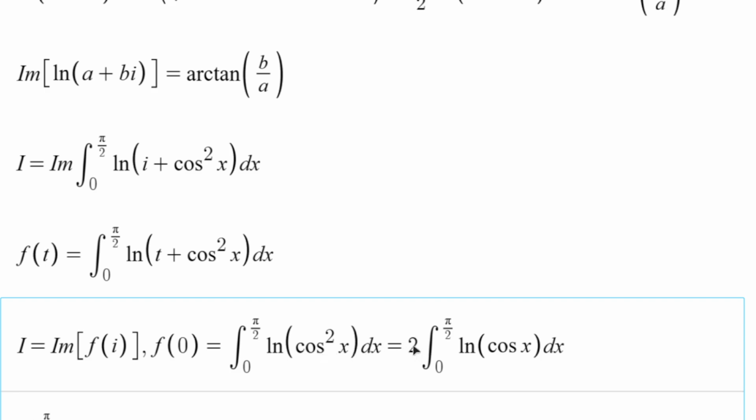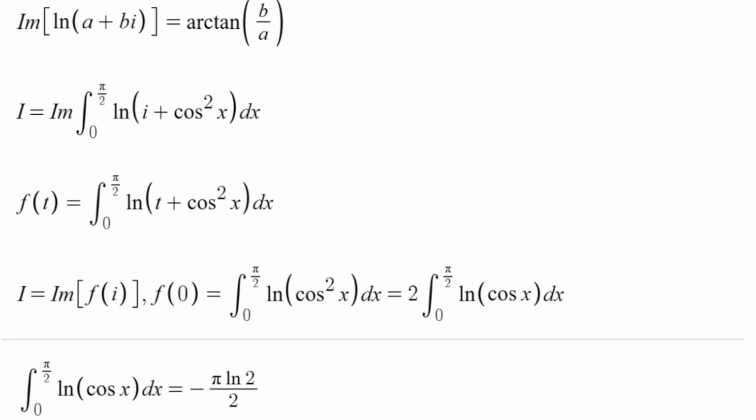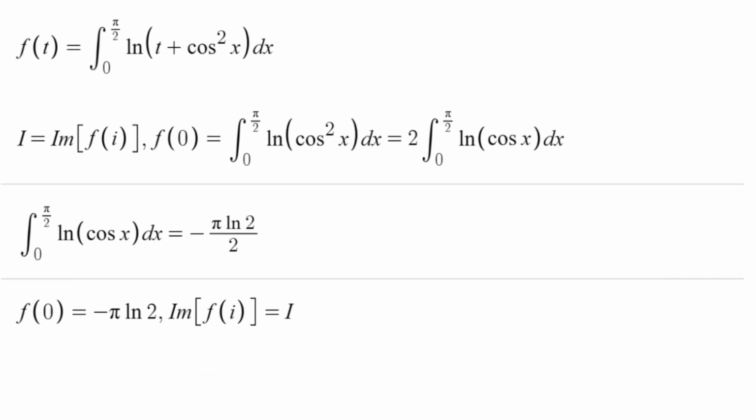And with the properties of logarithms, you can bring that 2 outside the entire integral. And I've solved this integral right here on this channel a few times before using King's property or King's rule. And that integral equals negative pi natural log 2 over 2. So 2 times it is just going to be negative pi natural log 2.